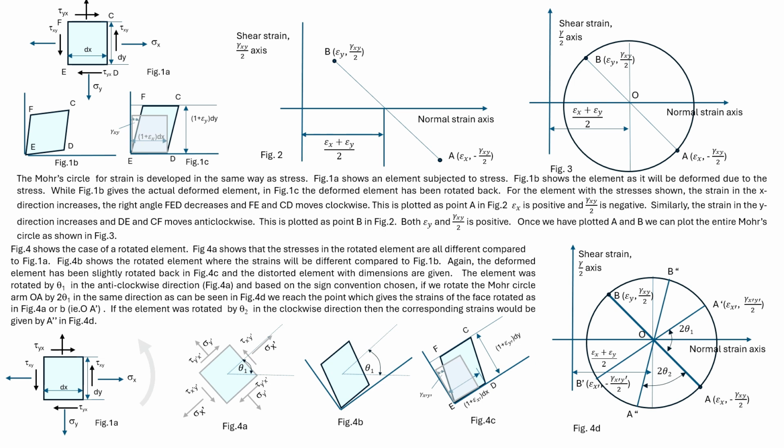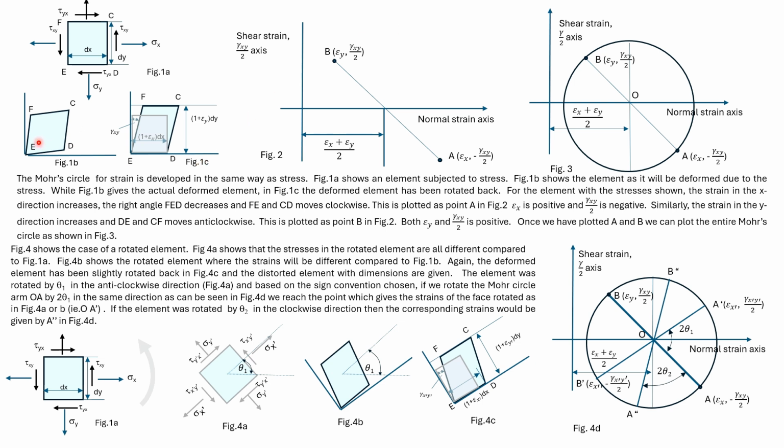The Mohr's circle for plane strain is developed in the same way as the Mohr's circle for plane stress. Thus, first we plot 2 points on the opposite ends of a diameter. Consider an element subjected to stresses as shown. Let this be the deformed element.